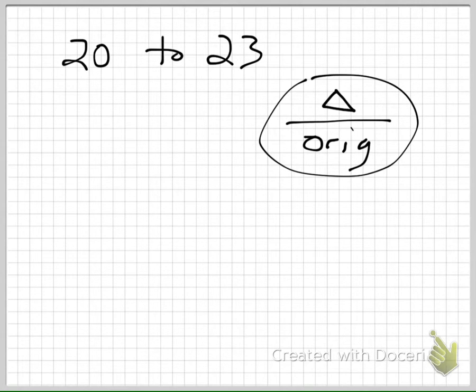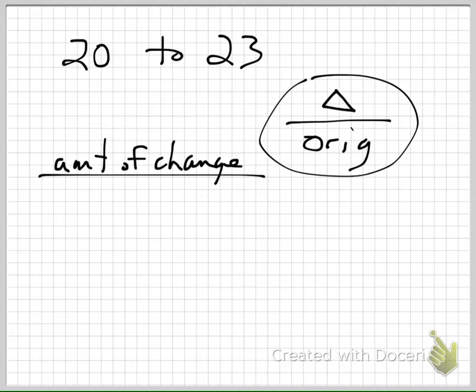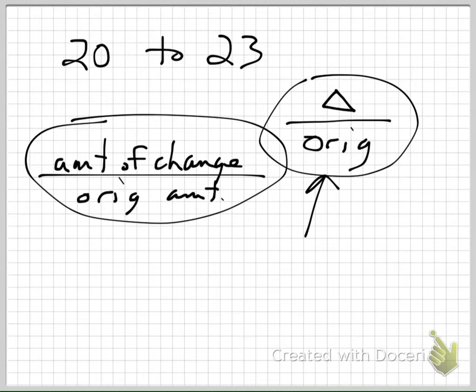If you want to, you can write down the amount of change over the original amount. This is the abbreviated version. That is the longer explanation version. Hopefully you only need this. It's the change over the original.